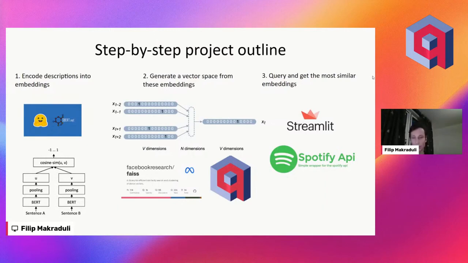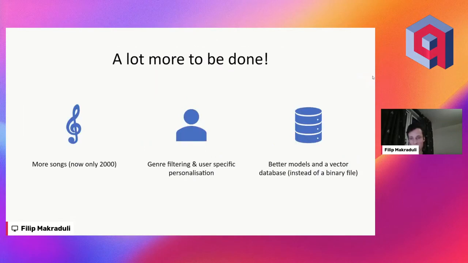So if the number of songs keeps increasing, it's quite good. And to query and find more similar embeddings, the front end is done with Streamlit and the Spotify API to save the playlists on the Spotify account. All of these steps can be improved and tweaked in certain ways, and I will talk a bit about that too. So a lot more to be done.